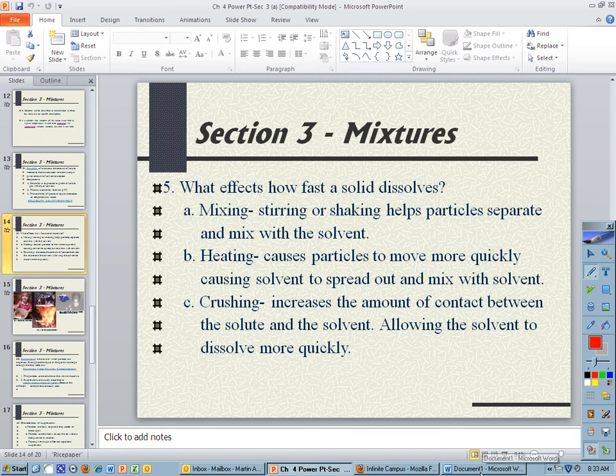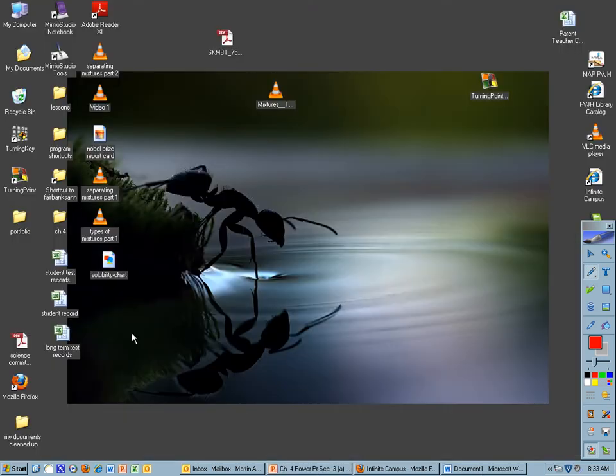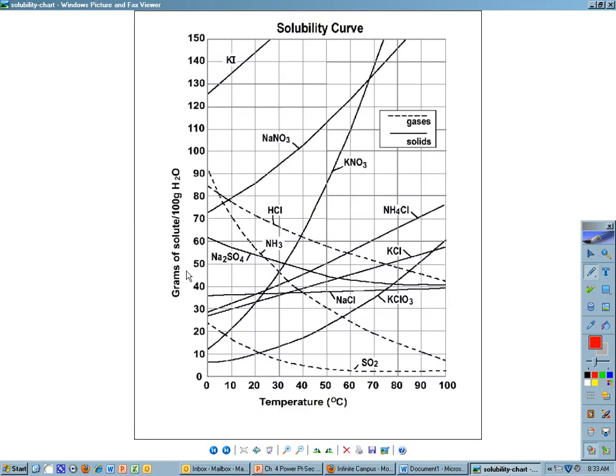All right? So that's the solubility chart. There's something about that solubility chart I needed to show you. I want you to notice something. Most of these solid lines go what direction? Up.